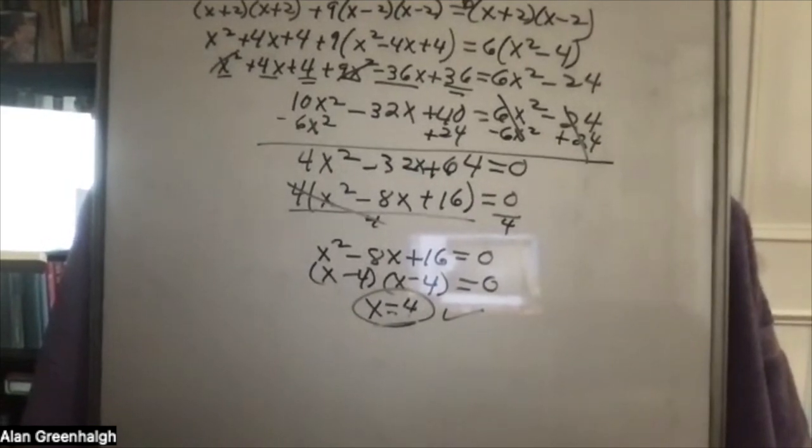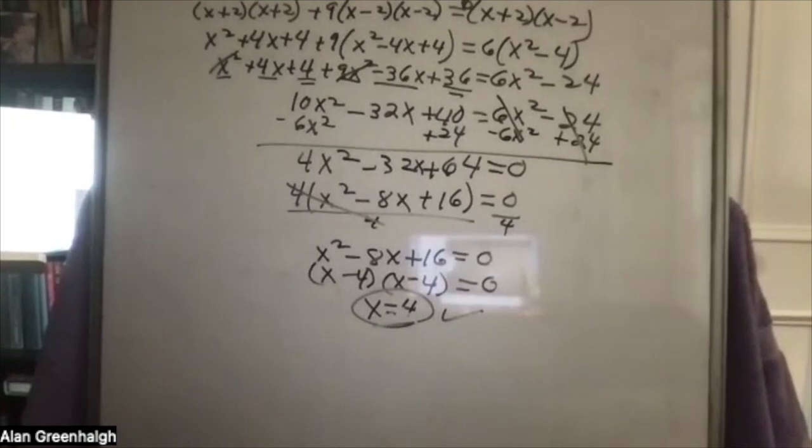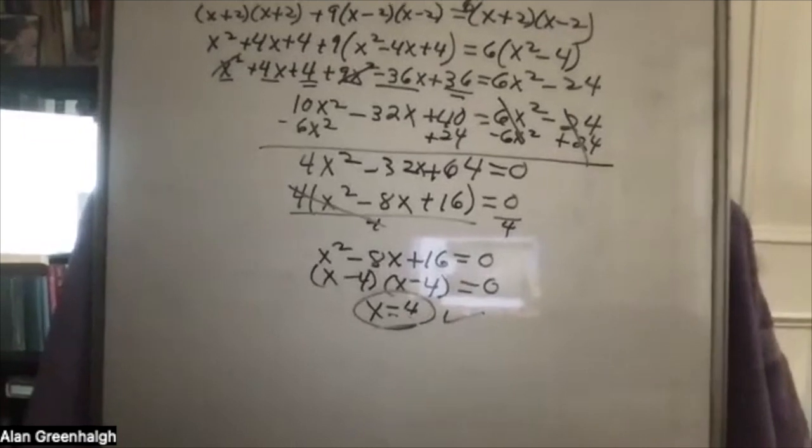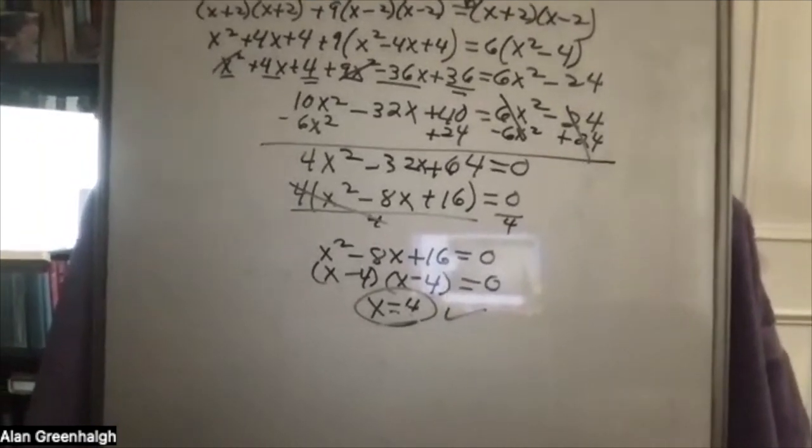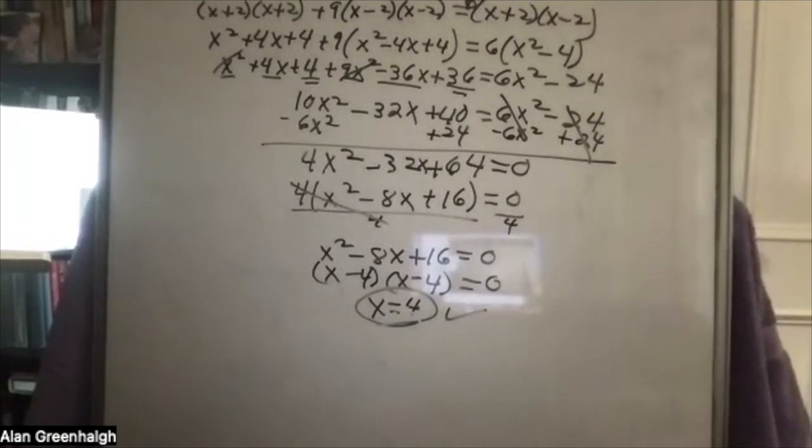Sorry, I just wanted to ask a question. I think I missed the first part where you were, why did you put x plus 2 instead of x minus 2 and x plus 2? And for 9 as well, I got 9 times x plus 2 and then x minus 2. Oops, I can't see, sorry. What do you mean?